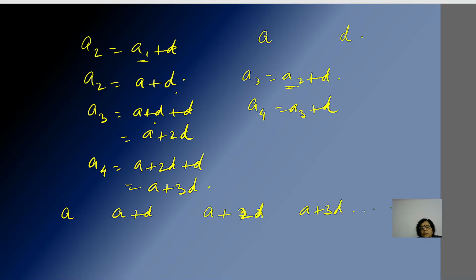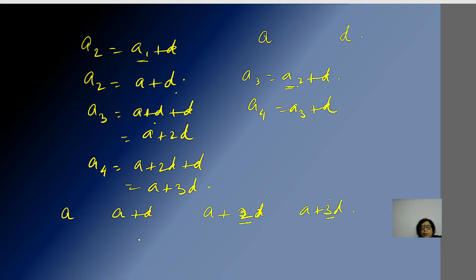So here the special observation is that the coefficients of D are always one less than the term number. This is the term number 4 over here and the coefficient is 3. This is the term number 3 over here and the coefficient is 2.